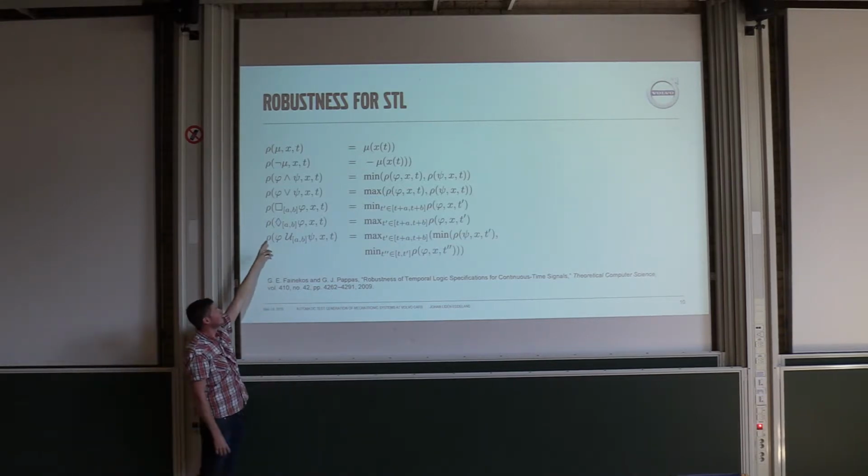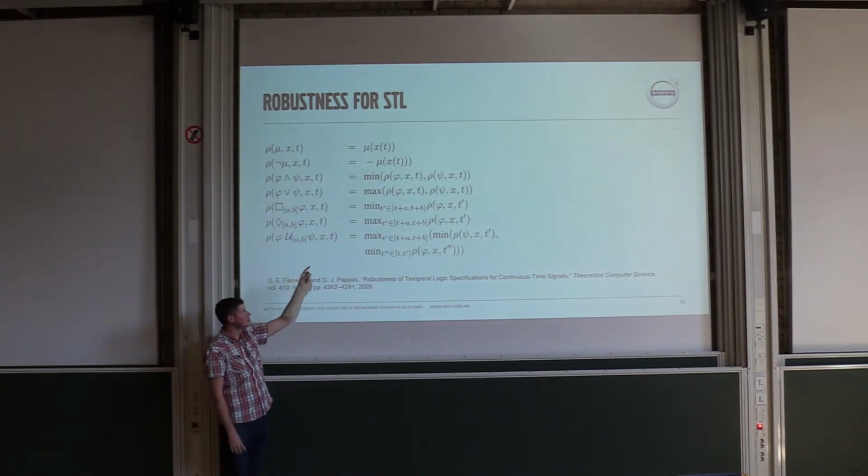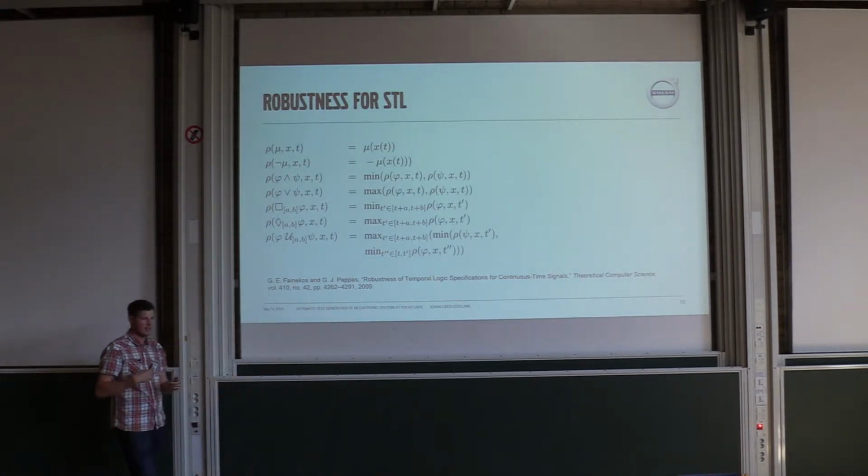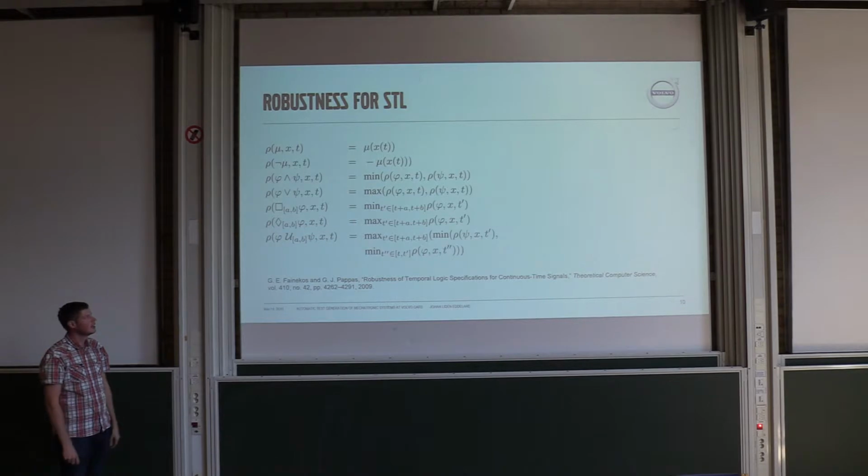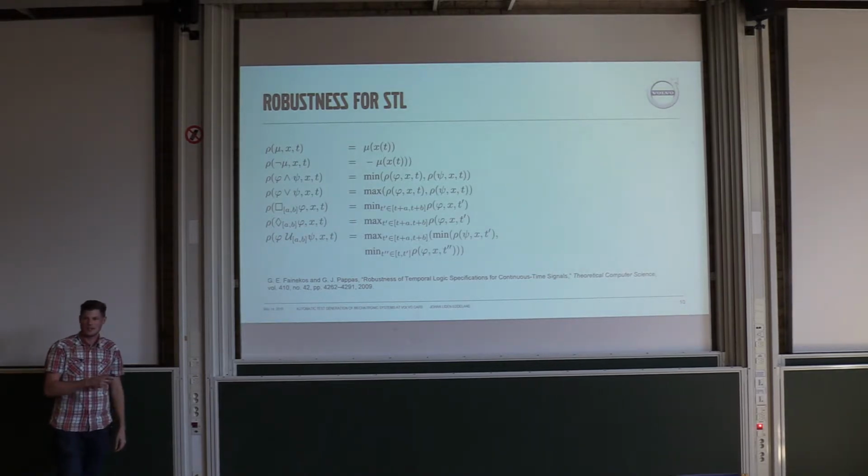So you have always in some interval of phi, then the robustness for this is the minimum over the time interval you're looking at of the robustness of phi instead.